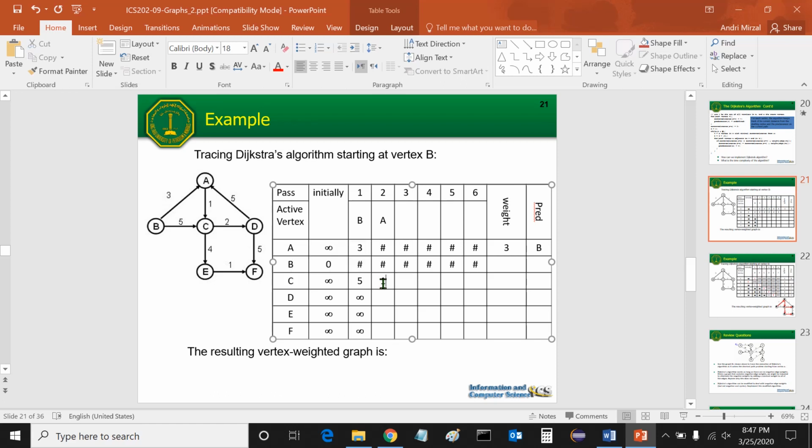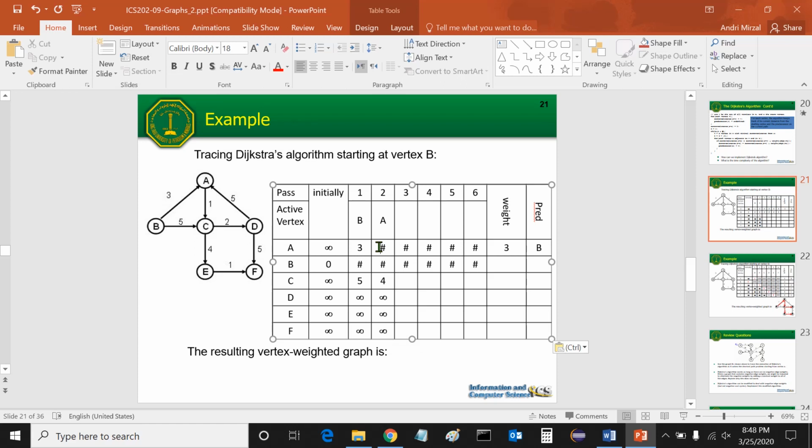So this means the way from B to C by using A, because now we are in A, okay? So this is not 1 but 3 plus 1, because we go to C from A, so B, A, C. This is 4. Okay. Now for the next rows, we don't need to do anything because from A there is only one path that goes to C. That's why these still stay the same: infinity, infinity, and infinity.